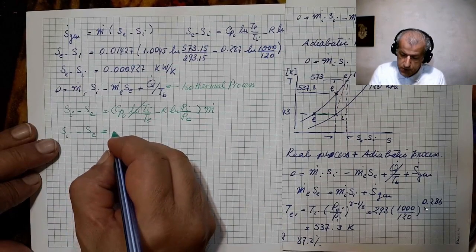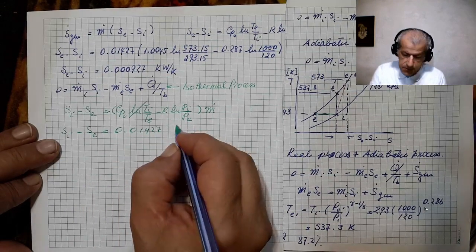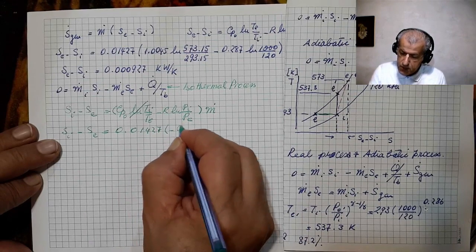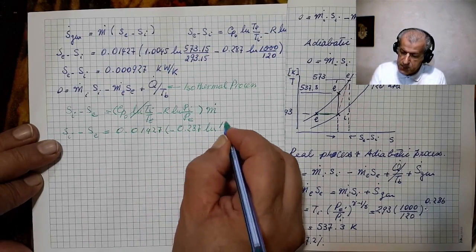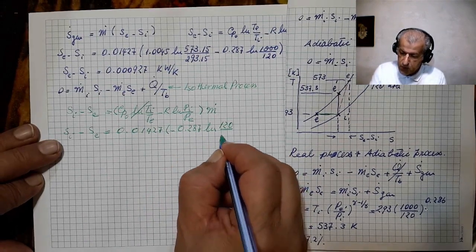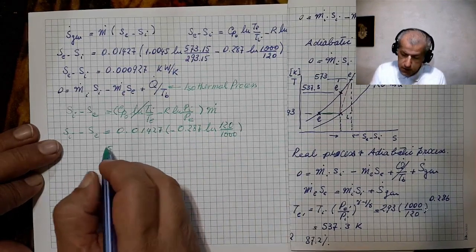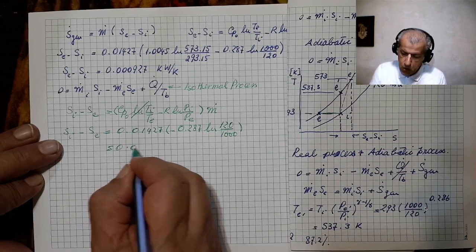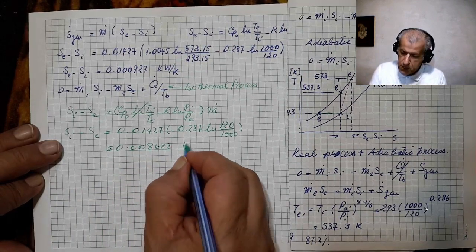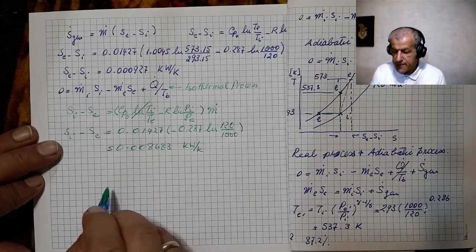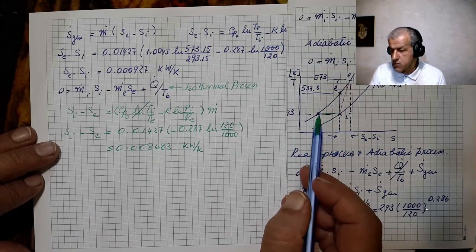It is 0.01427 times minus 0.287 ln Pi over Pe, which is 120 divided by 1000. And the outcome would be 0.008683 kilowatts per Kelvin.